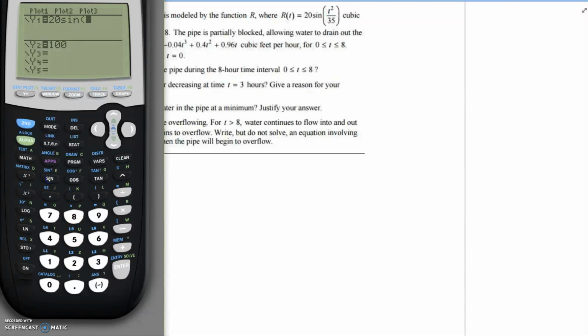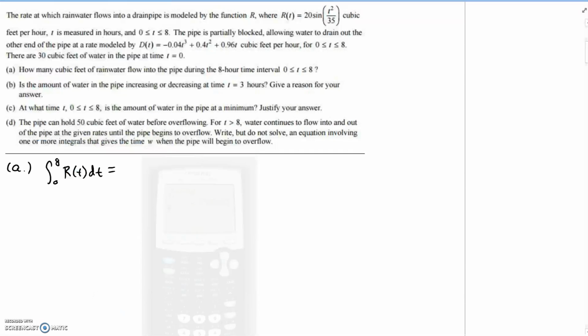Typing the function in. And then we're going to integrate that function, math 9, from 0 to 8. The function that's stored in y1, integrated with respect to x, gives us this amount, 76.57, rounded to 3 places past the decimal.